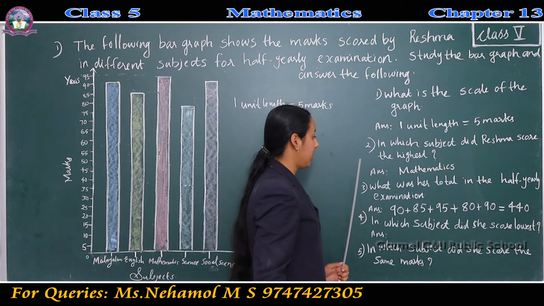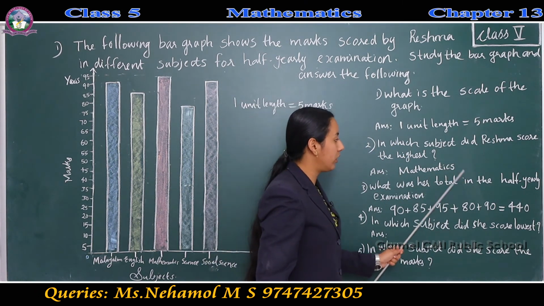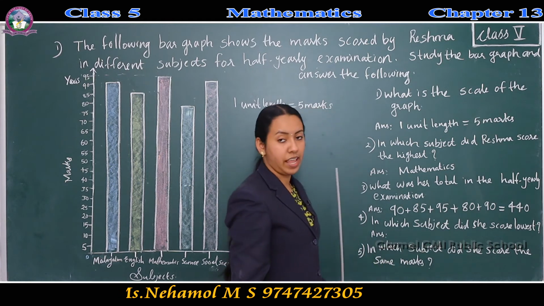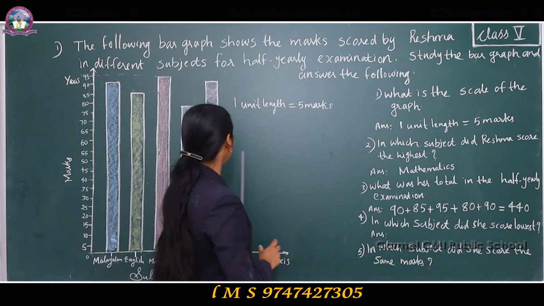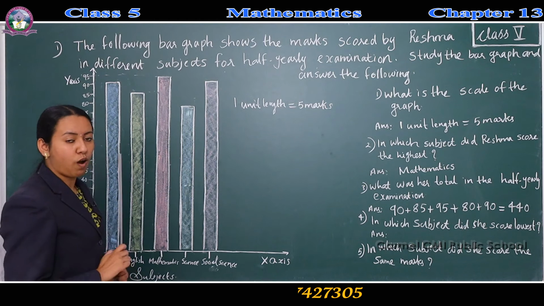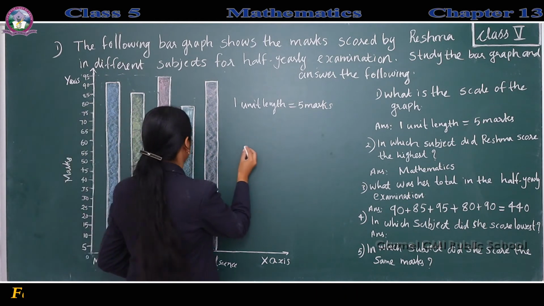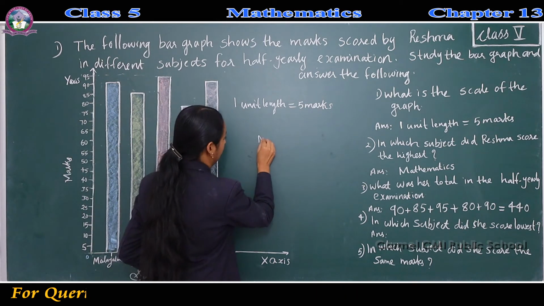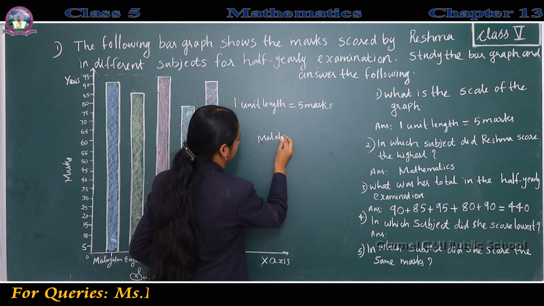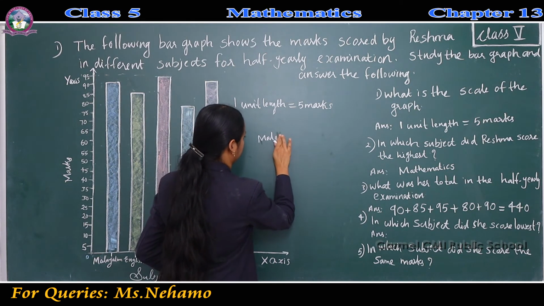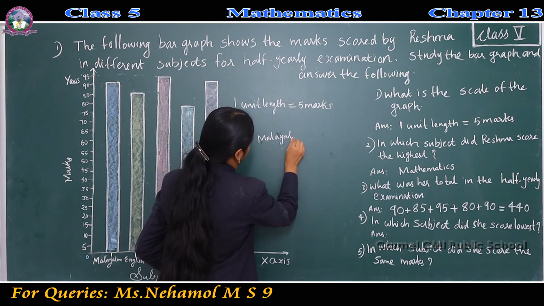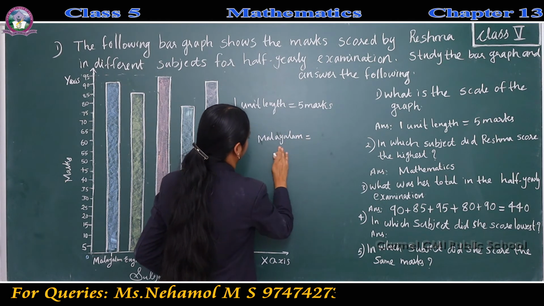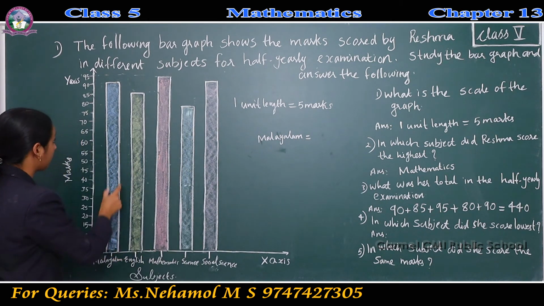Then next question, what was her total in the half yearly examination? We have to find the total mark of all subjects. First we can list the marks. First subject Malayalam. Then how many marks?